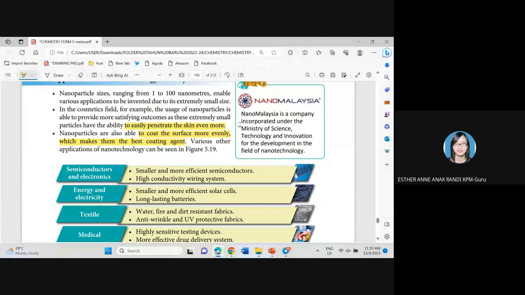What about daily life uses? Okay, so one example usage for nanoparticles is in fire resistant fabric. Parents atau family member work as a firefighter.